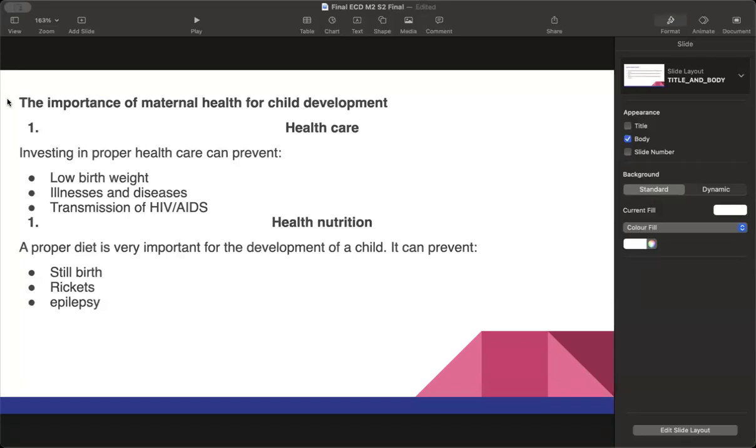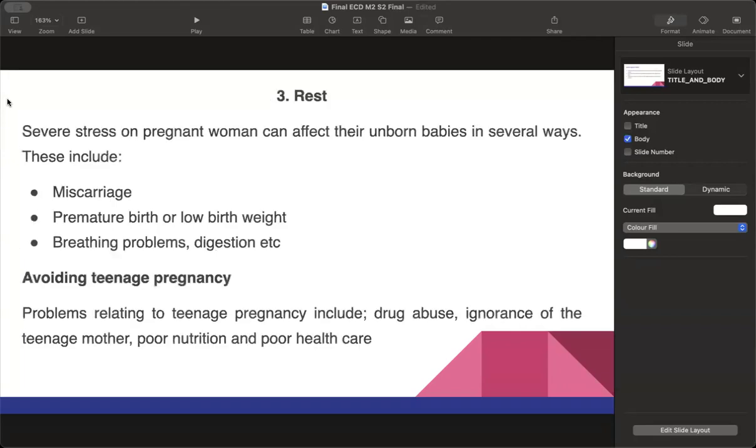We jump straight into our next slide, and that is that the mother needs a lot of rest. Severe stress on pregnant women can affect their unborn babies in several ways. These include miscarriage, premature birth or low birth weight, and breathing problems, digestion, etc. All right. So if the mother is not resting, all of these things can be happening to her.